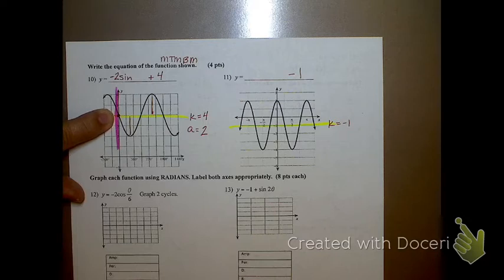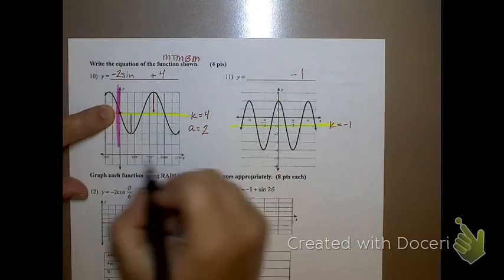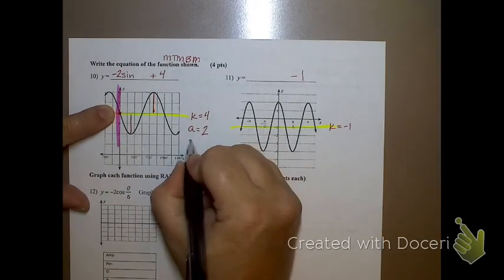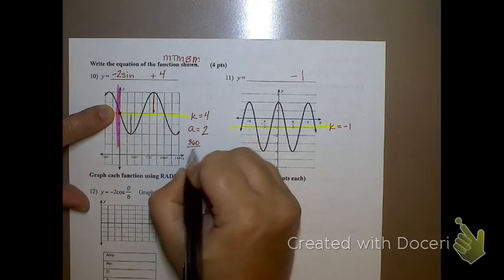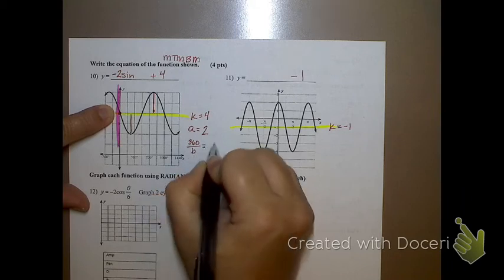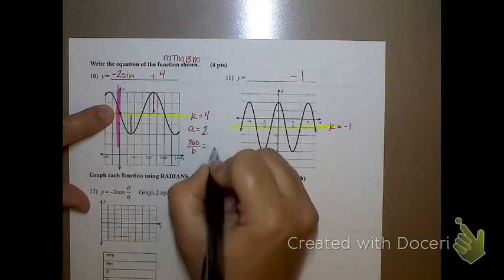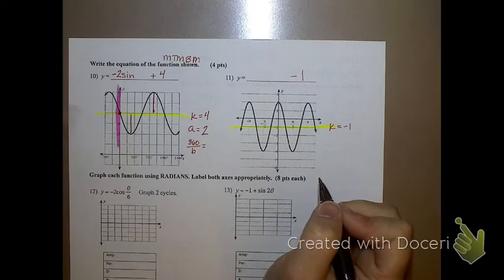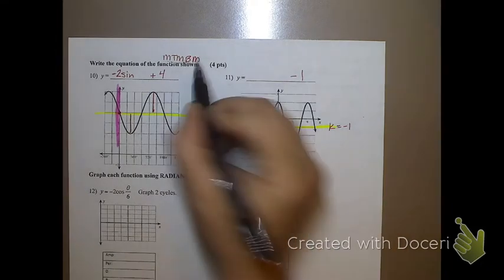Okay. Last thing I have to find is usually the hardest. I need to figure out how long the period is, right? And then since we're in degrees, I have to set 360 divided by b equal to whatever that period is, and then solve for b. So how do I know how long the period is? Well, it's middle, top, middle, bottom, middle.